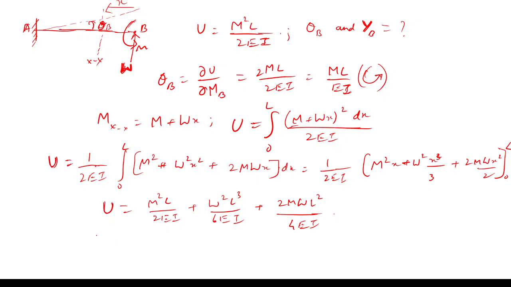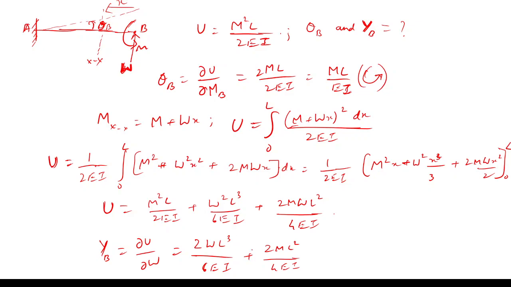So now what do I have to do? I have to partially differentiate this with respect to W. If I partially differentiate this with respect to W, what will I get? Anyone? 2WL cubed divided by 6EI plus 2ML square divided by 4EI.